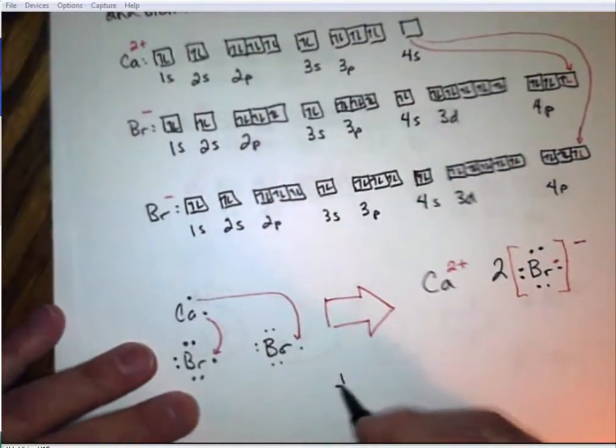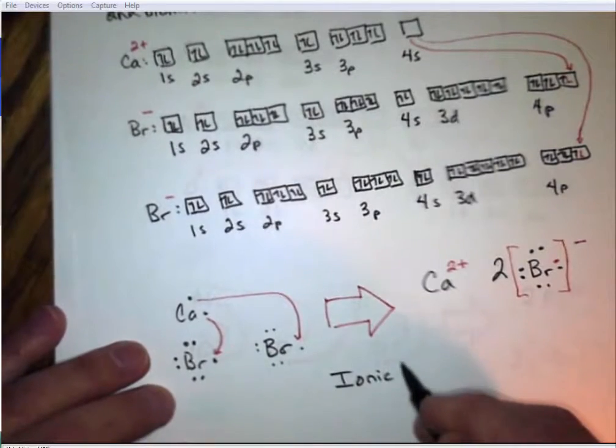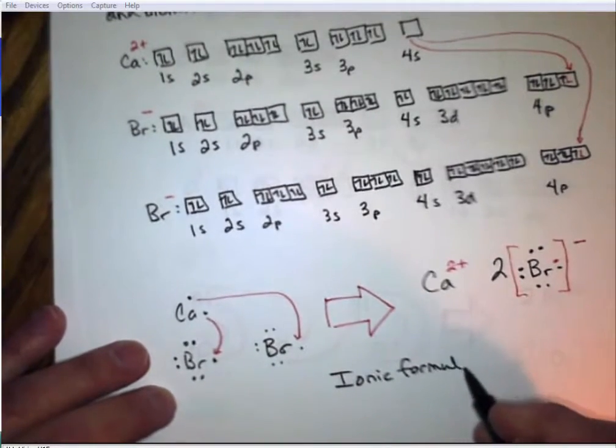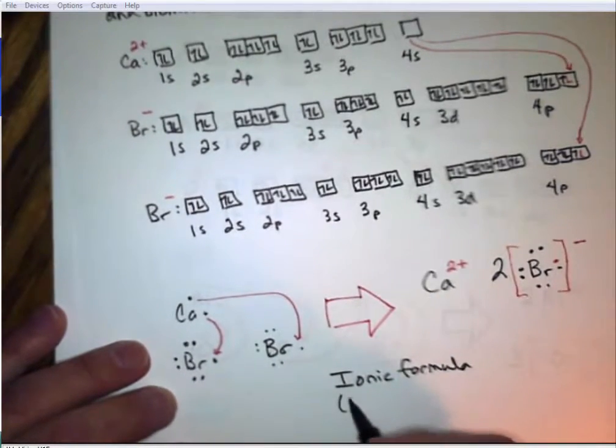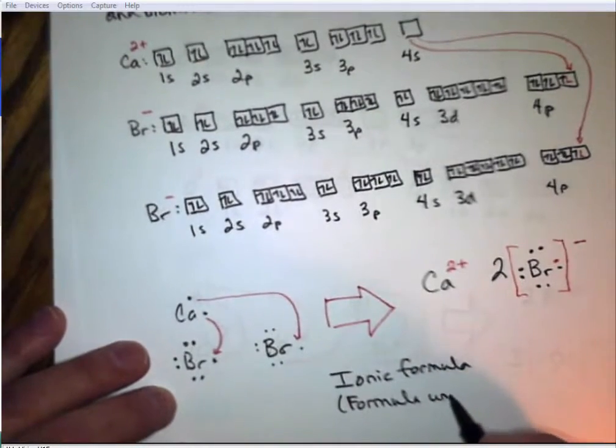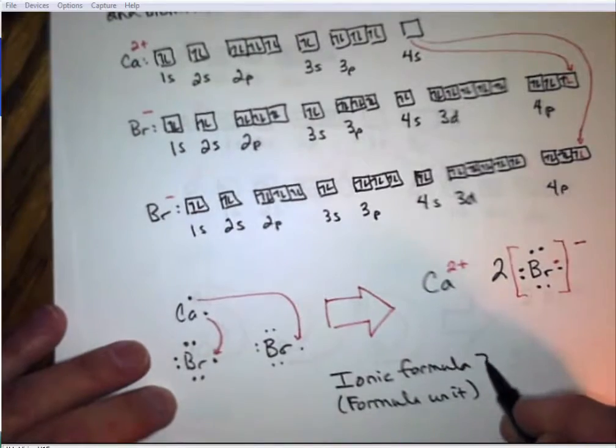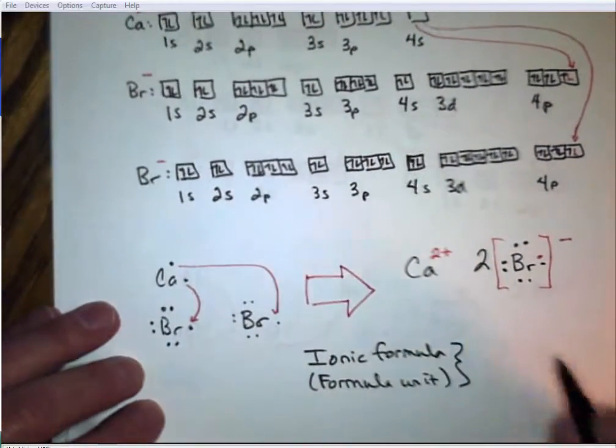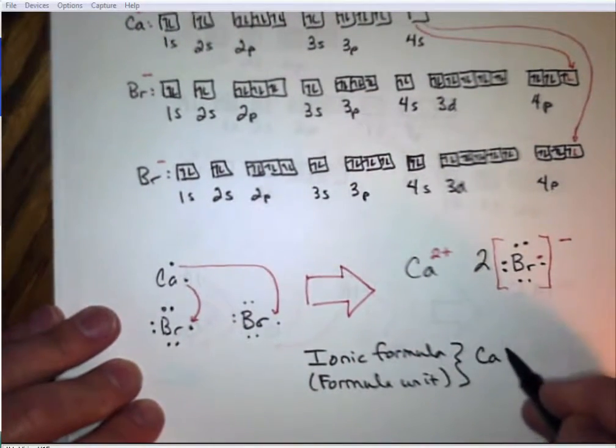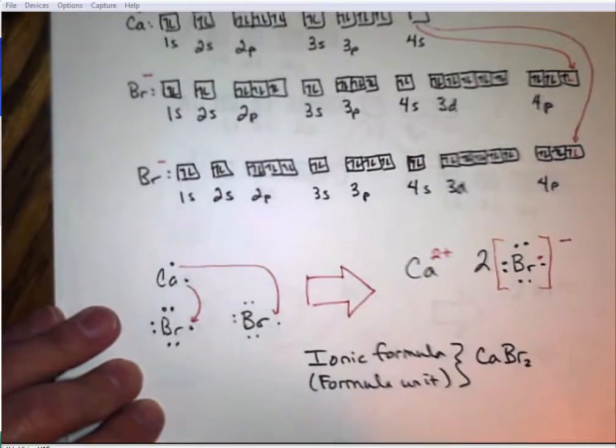The ionic formula, also called the formula unit, for a combination of calcium and bromine is CaBr2.